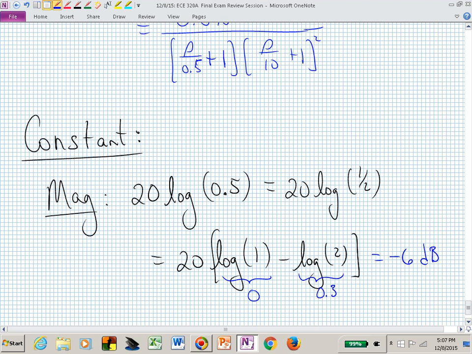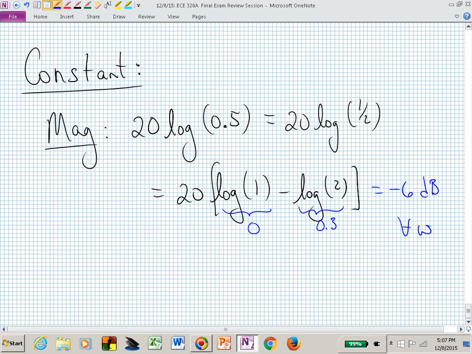So I now have minus 6 dB, and that's true for all frequencies. That's what the gain contributes, or the constant contributes in that transfer function. Questions on that? So now you just draw a straight line at minus 6 dB for all frequencies. No slope, it's flat. The constant is knocking our gain by 6 dB.